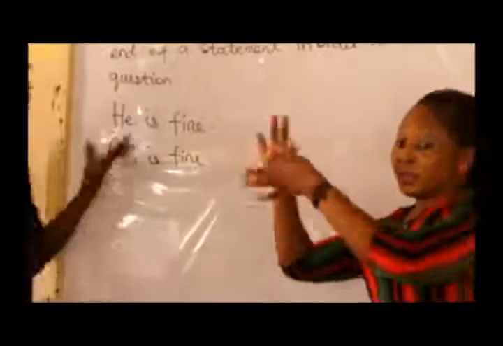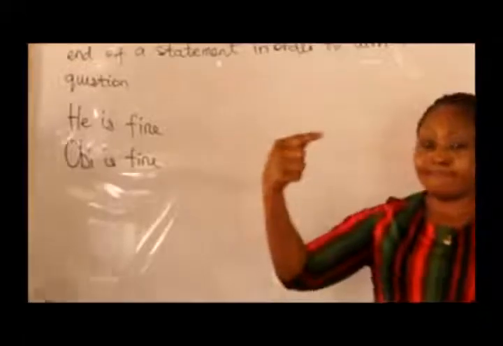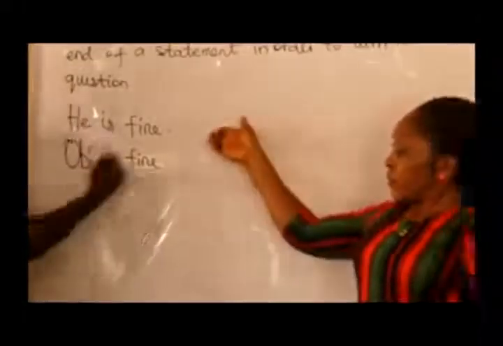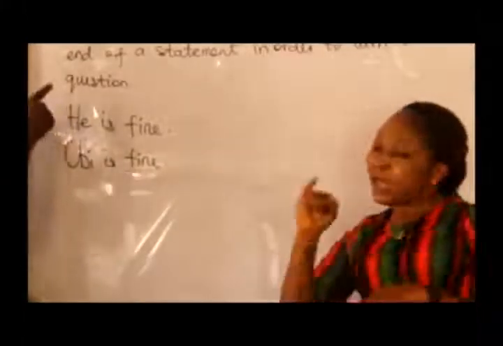Now, how do we turn these statements into a question using question tag? This is what we do. We say that the verb in the statement is repeated with a pronoun.